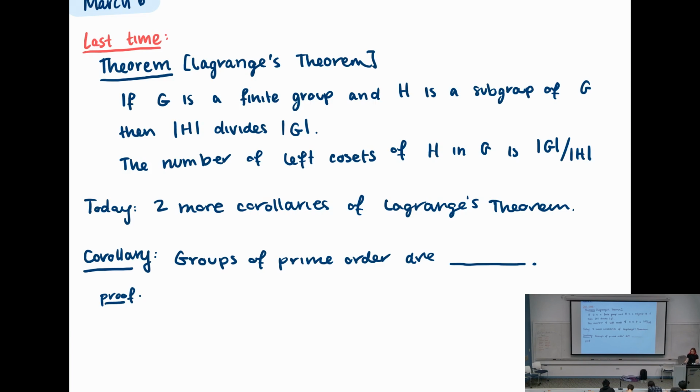Okay, let's see what this statement should say. Let a be an element of G. Then what are the possibilities for the order of a?